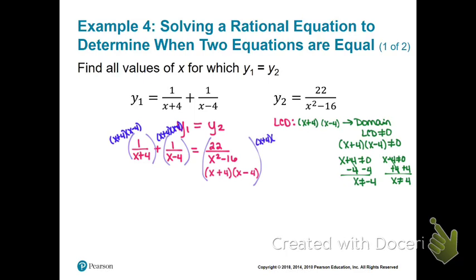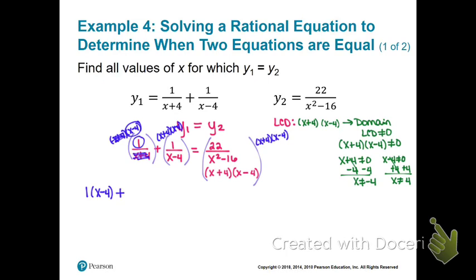All right, so for my first fraction, the x plus 4 in the denominator is going to cancel with the x plus 4 on the outside. So I'm left with an x minus 4 times 1. That 1 is by itself, so I'm going to put it first, and the x minus 4 is together, so it goes in parentheses.